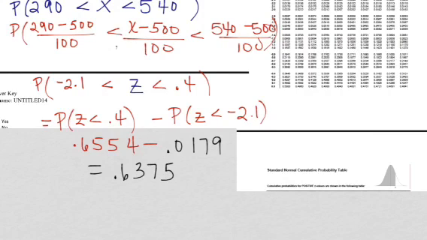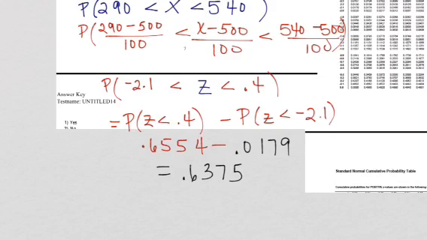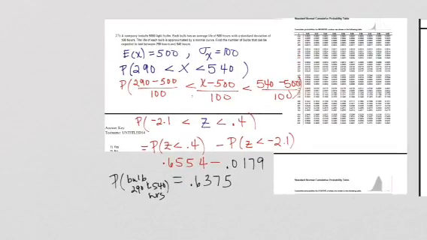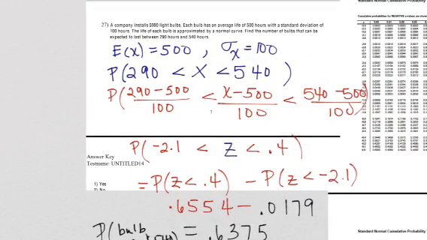So this is the probability that a single light bulb lasts between 290 and 540 hours. The question, if we go back and read it at the beginning, says a company installs 5,000 light bulbs. And then the question is not find the probability, it says find the number of bulbs that can be expected to last between this period of time.